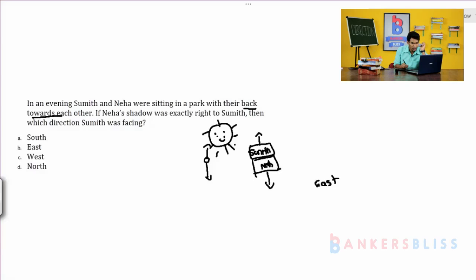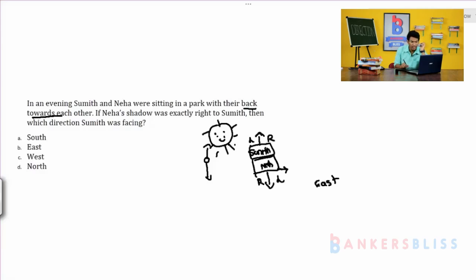So Neha's shadow is exactly towards the right. Suppose the person is facing this direction, it means he is facing the north. It means left and right. Then Neha is facing opposite, outward. It means this is right, this is left.